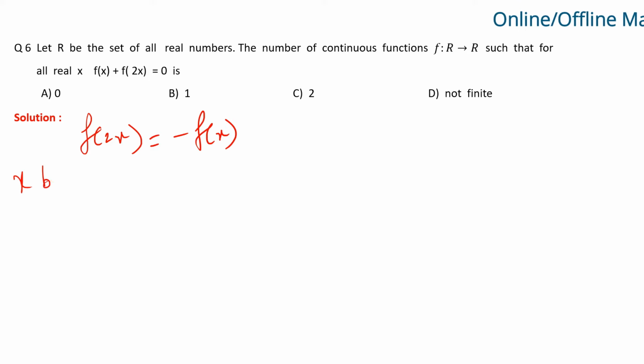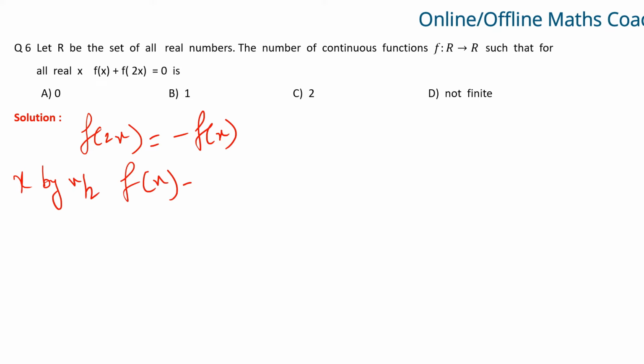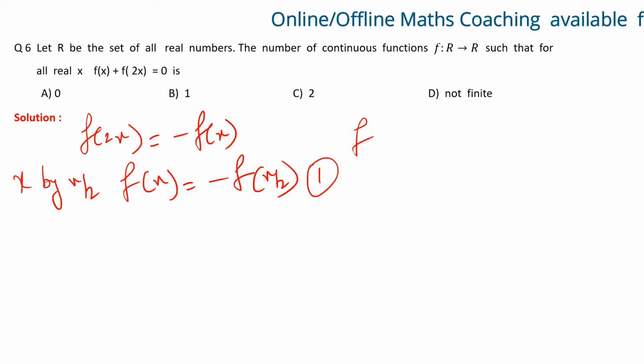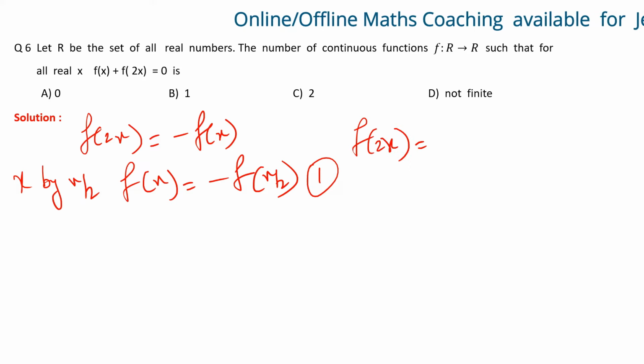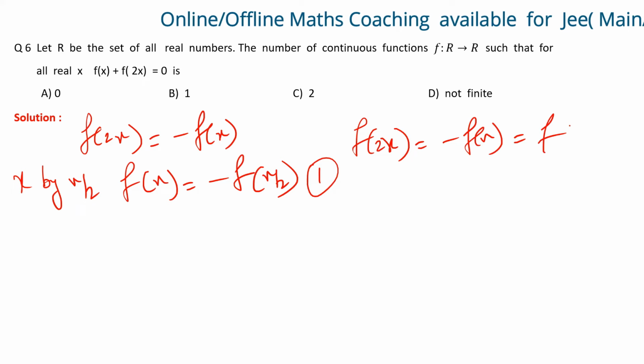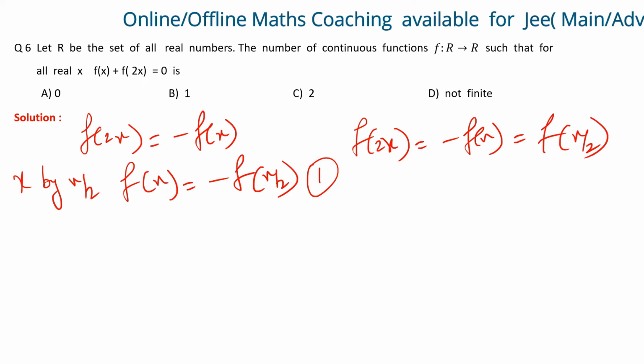If I replace x by x/2 in this particular equation, I am going to get f of x equal to minus f of x by 2. Right? So that means I can write f of 2x equal to minus fx further equal to f of x by 2. Fine.